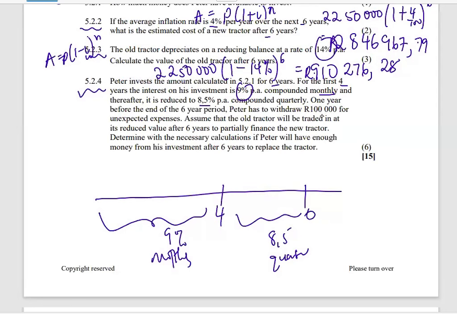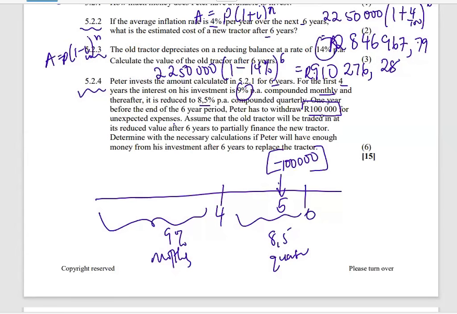Then they're telling us that 1 year before the end of the 6-year period, Peter has to withdraw 100,000 for the unexpected expenses. So meaning that at this point, at 5, there is a withdrawal of 100,000.